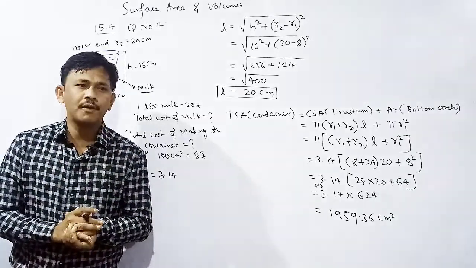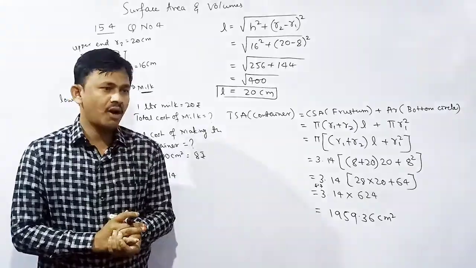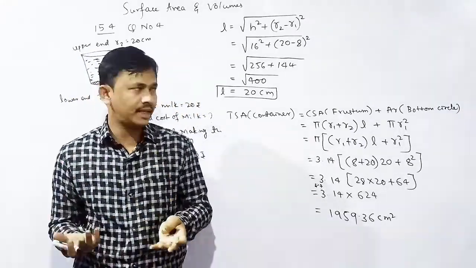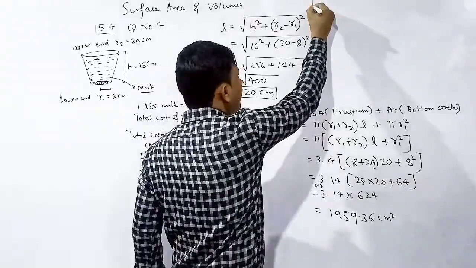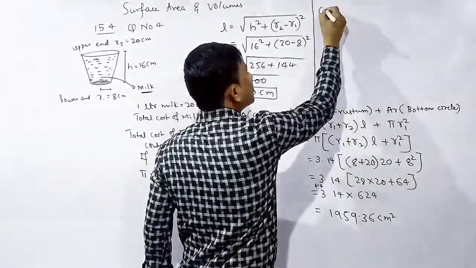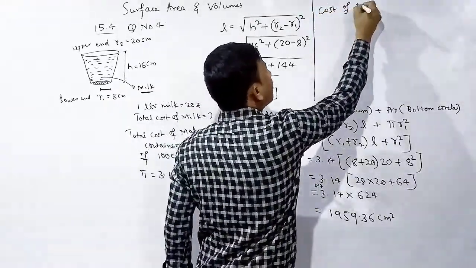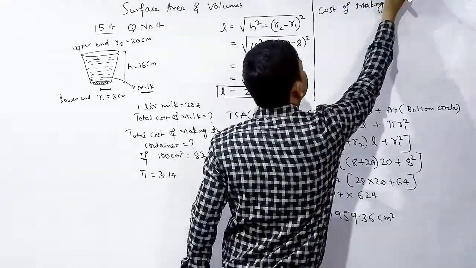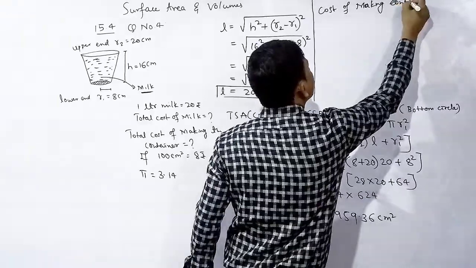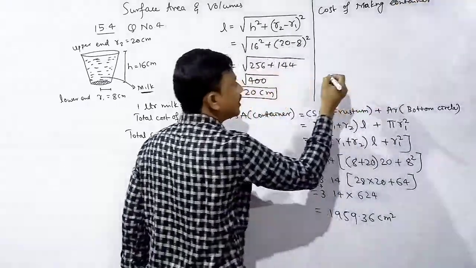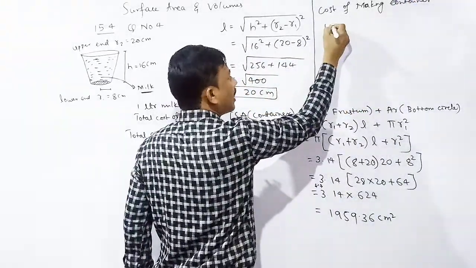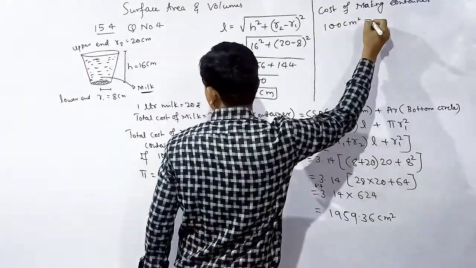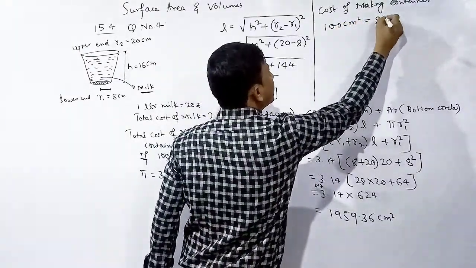But we need to find out what? The cost of making the container. 100 centimeter square is equal to how much rupees? 8 rupees.